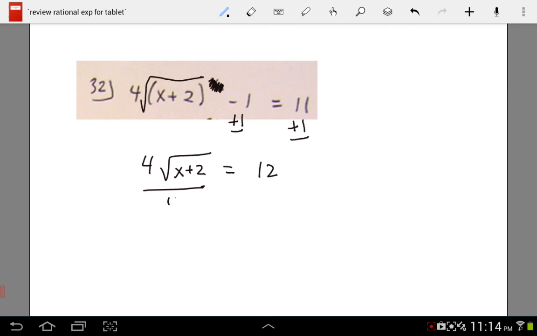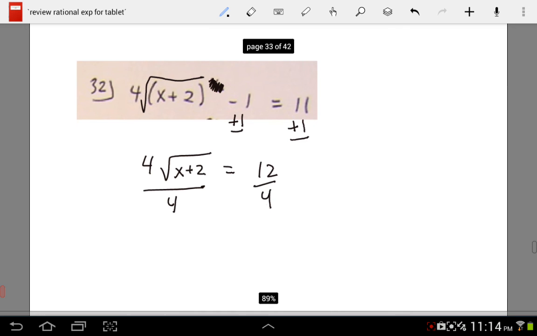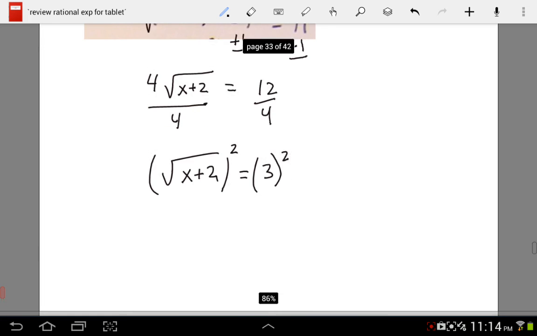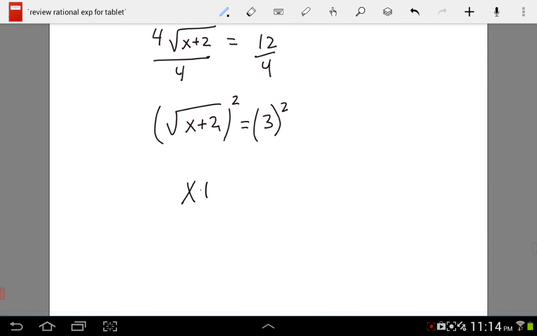And then we can get rid of our 4. And that's going to give us 3. Now we're going to square both sides to get rid of our radical there. So we'll just get x plus 2 equals 9. Subtract my 2, and that's going to be 7.